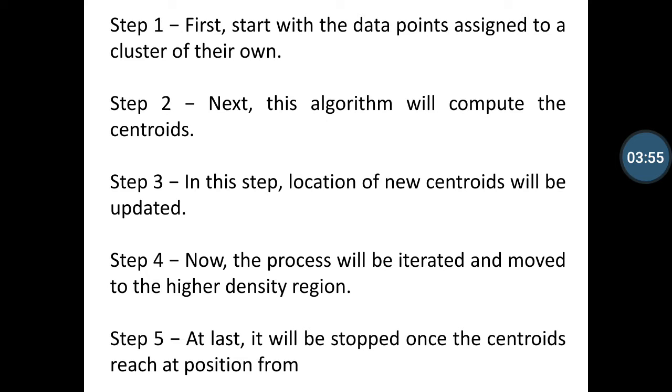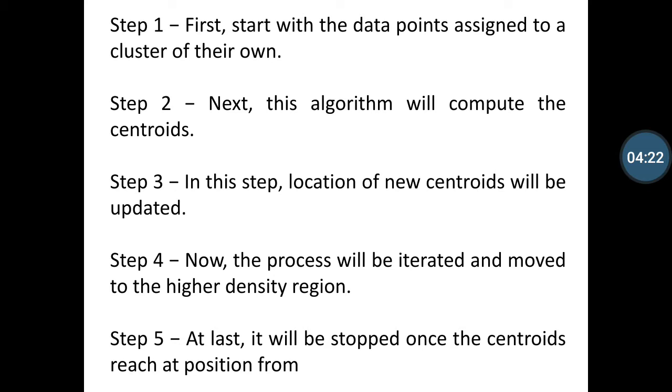In step 4, we follow the iteration concept of ML using Python or R language, which uses a for loop or iterative concept to move the data points to the high density region.